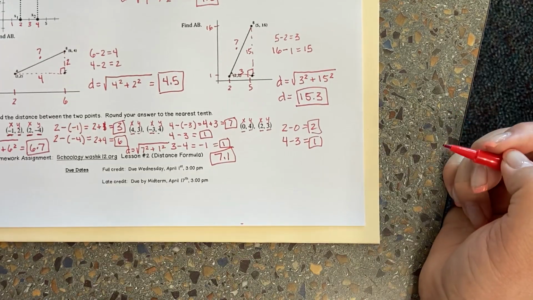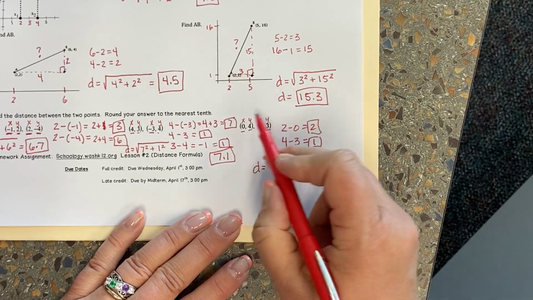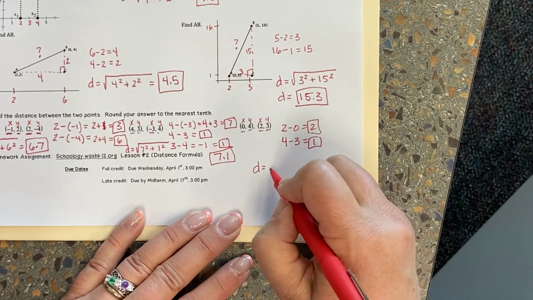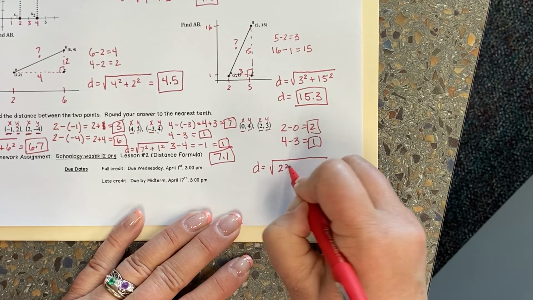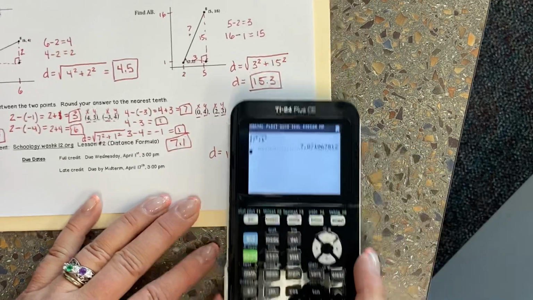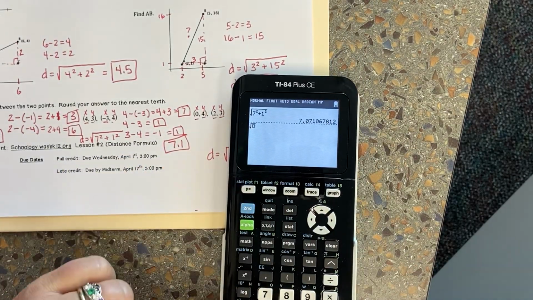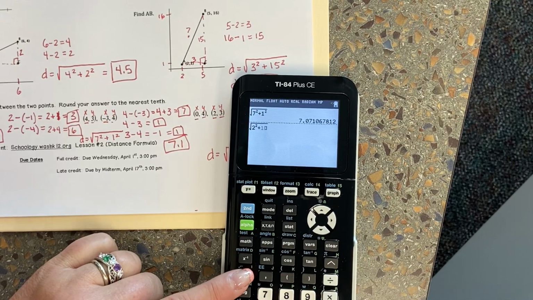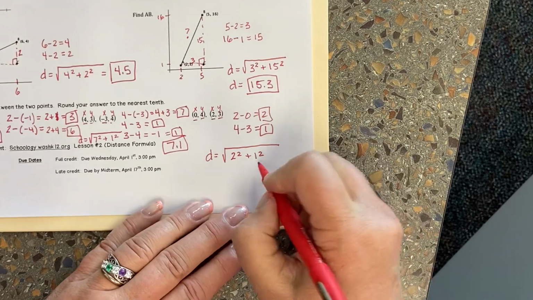So my vertical leg is a 1. So now the distance between those two points, if I were to graph them, is the square root of 2 squared plus 1 squared. Those are my two legs. The square root of 2 squared plus 1 squared equals 2.2.